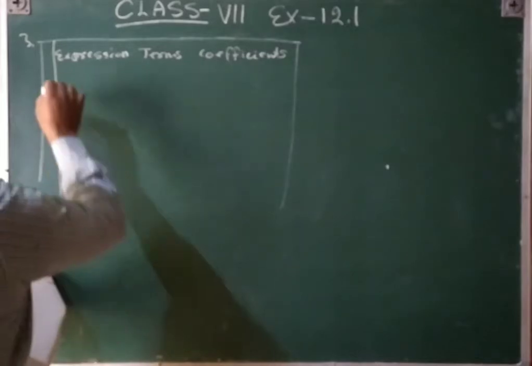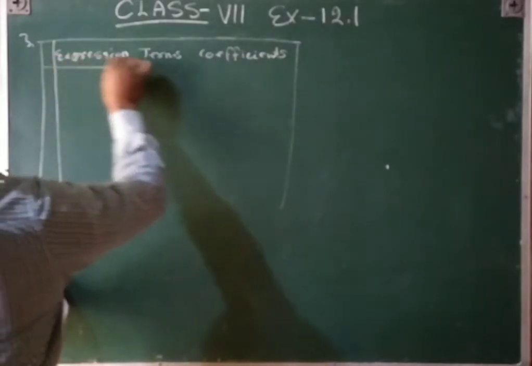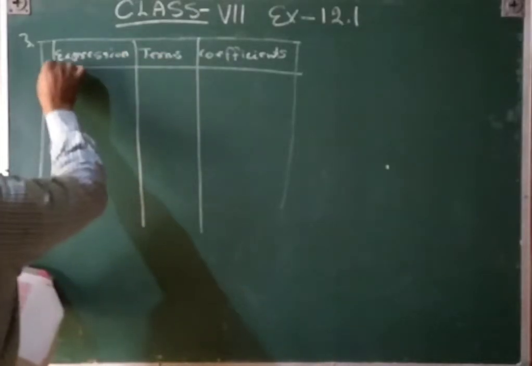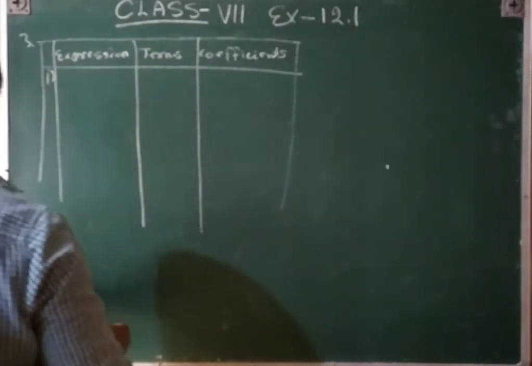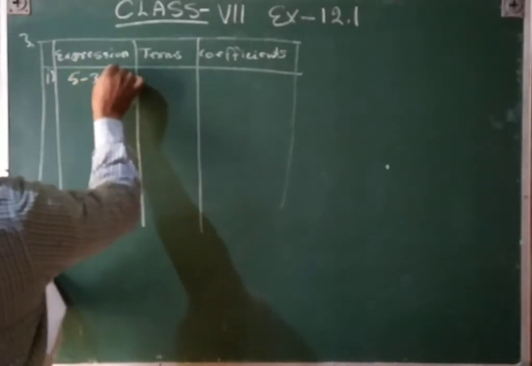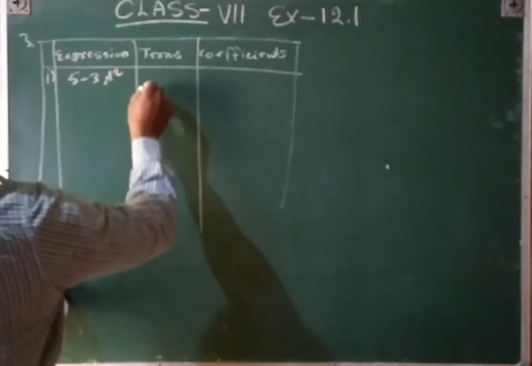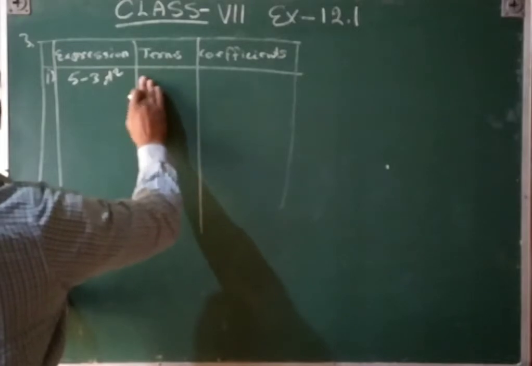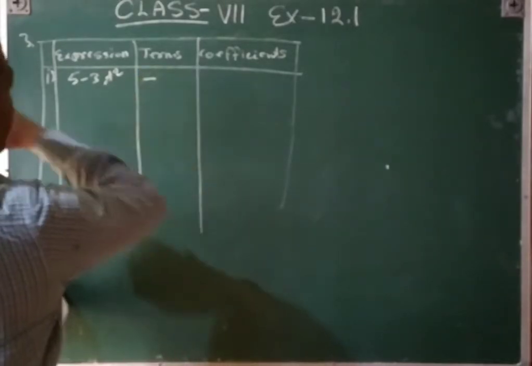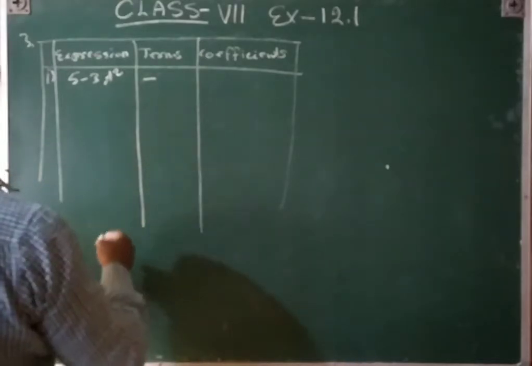That is the first part. First part is 5 minus 3t square. So that is a 5. No need to write the 5 because we are looking only at the coefficient of that one.